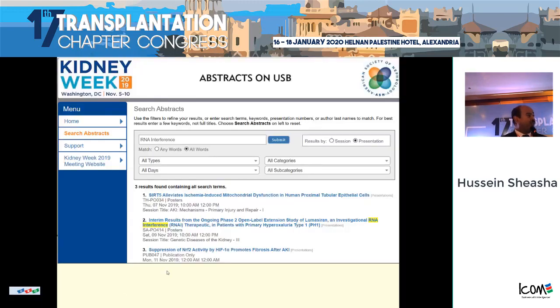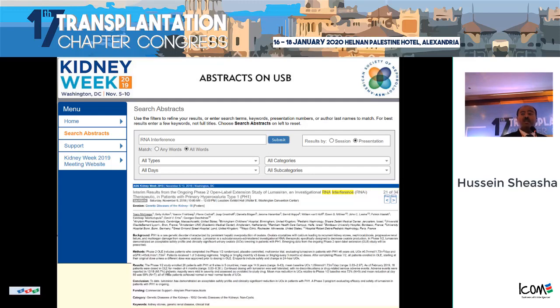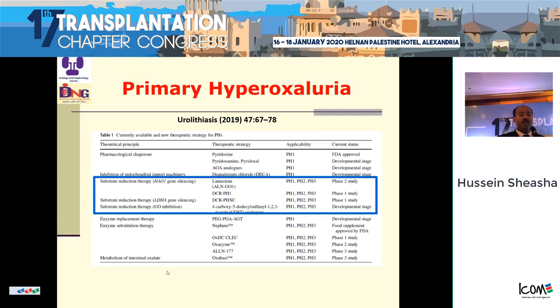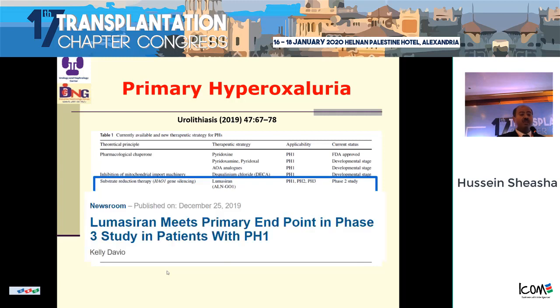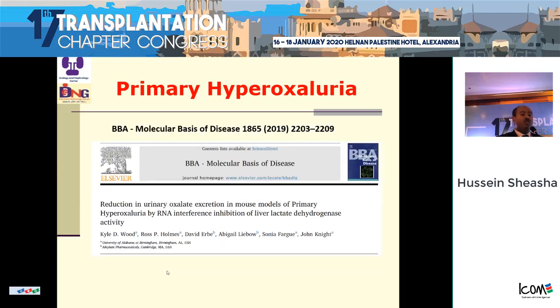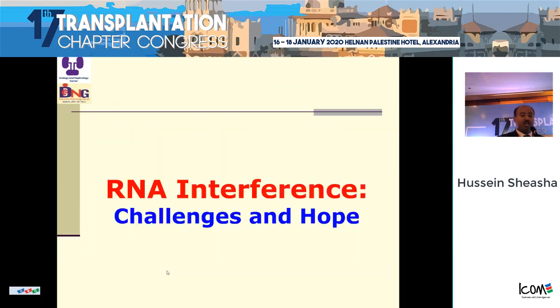And this is from Renal Week, the abstract of the preliminary study of phase 1 and phase 2 using this drug to reduce oxalosis, and the results were beneficial and promising. As you see, even the preliminary data of the phase 3 study of this drug may carry a hope for patients with primary hyperoxaluria to reduce oxalate deposition, because this is a real challenge.